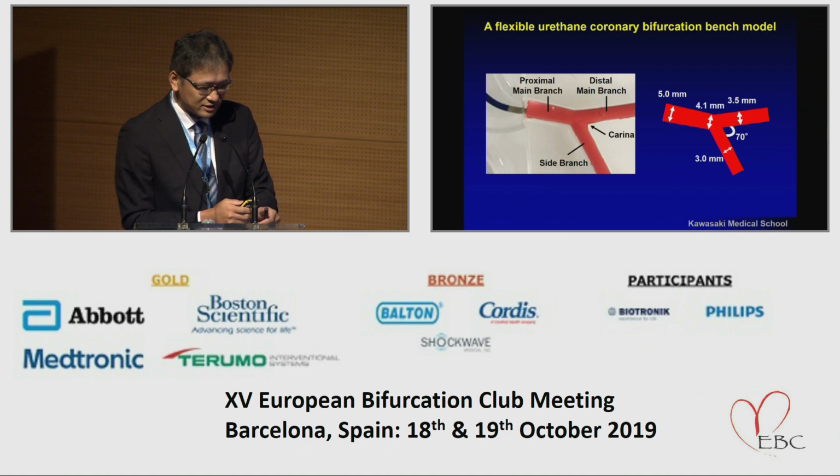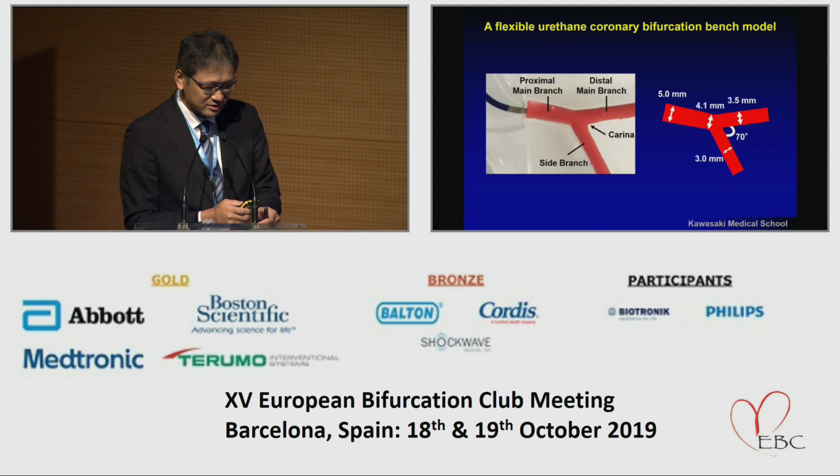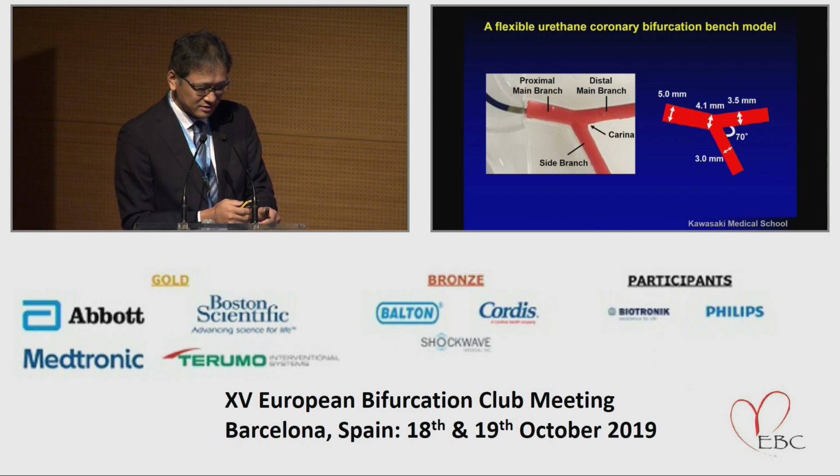This time we used a fractal bench model. This bench model has a 3.5 millimeter distal main vessel and 3.0 millimeter side branch. The branching angle was 70 degrees.